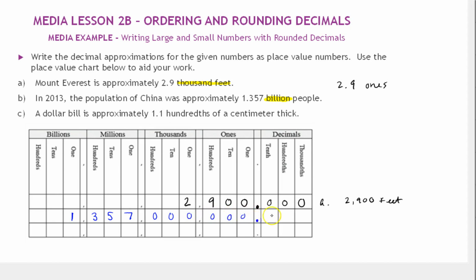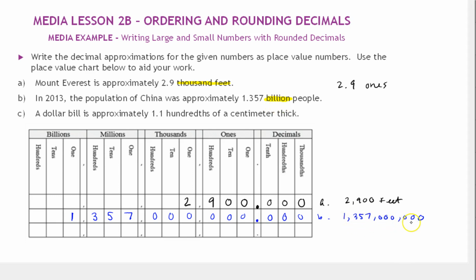That's a decimal. We're not using anything in the decimal values here. So 1.357 billion is equivalent to 1,357,000,000, and we'll need 6 zeros. So this one really starts to show you why people typically write something like 1.357 billion instead of this number.